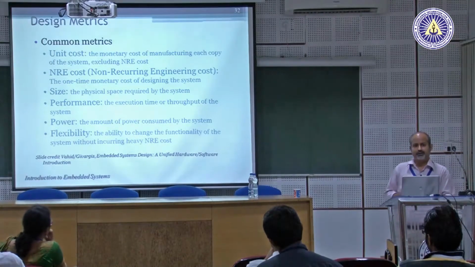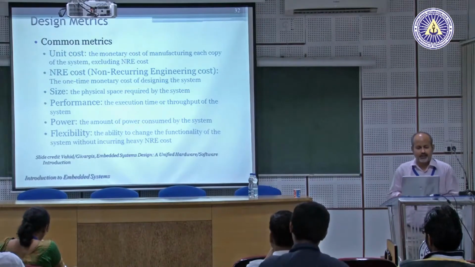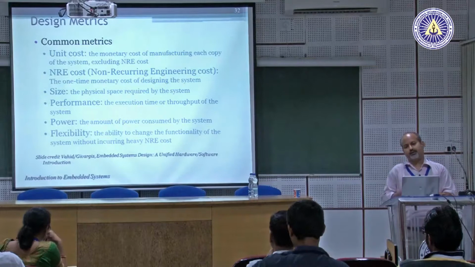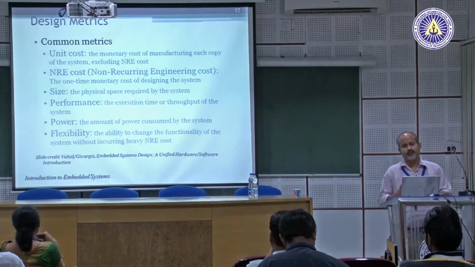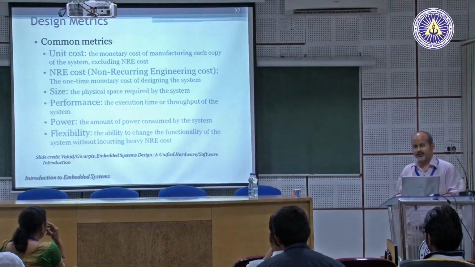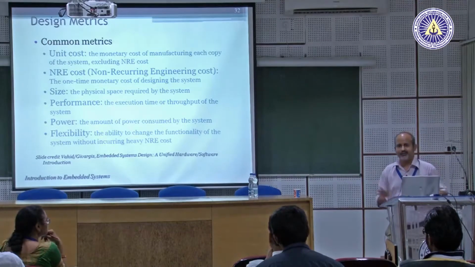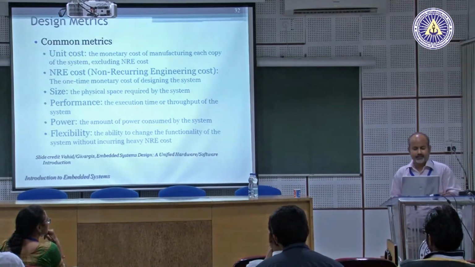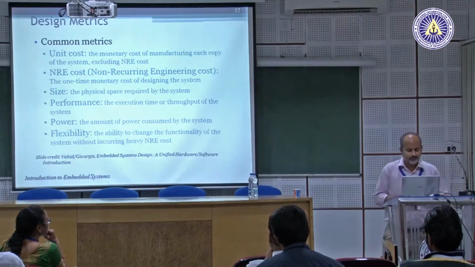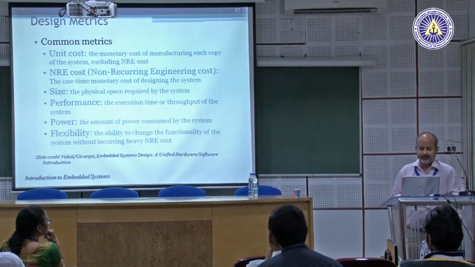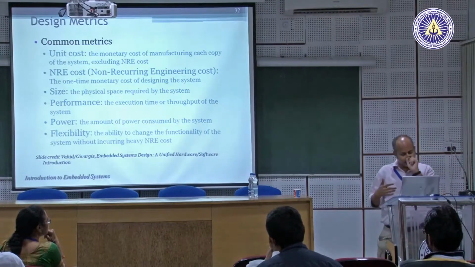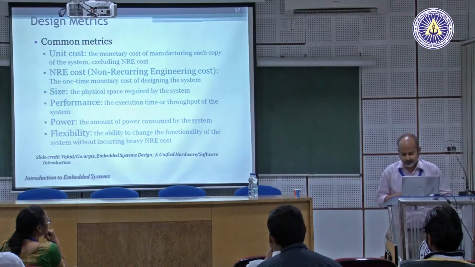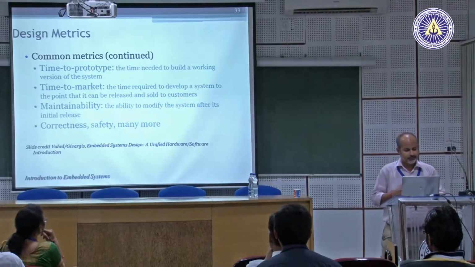So unit cost as well as non-recurring cost, and the non-recurring cost includes the software, because once you develop the software, you can make as many copies as you want. Then size, obviously performance, power, and flexibility. Some systems might require you to reprogram the system quickly, so you need flexibility and so on.